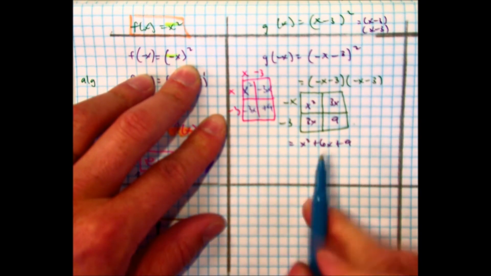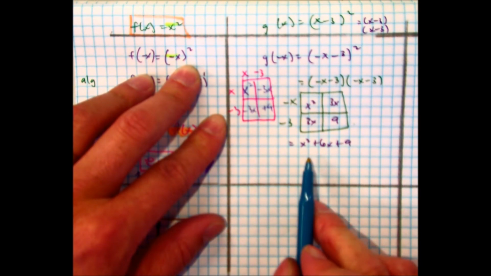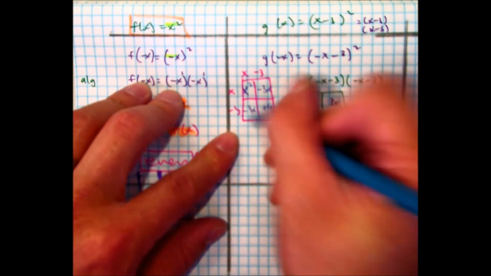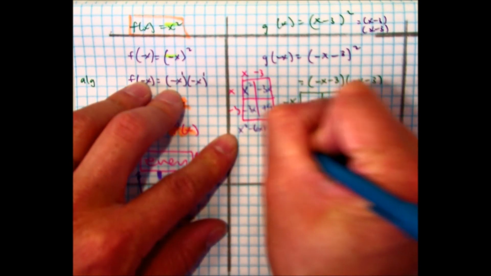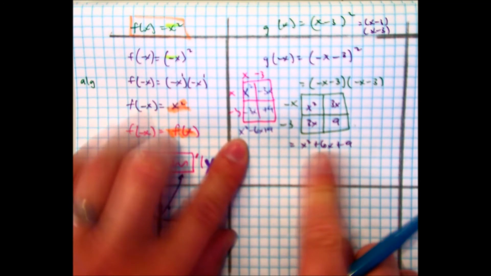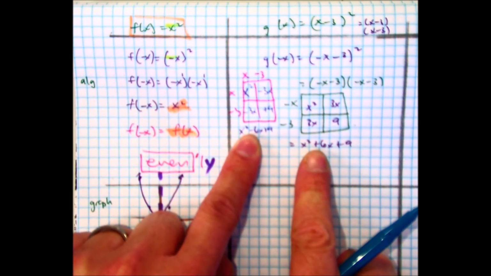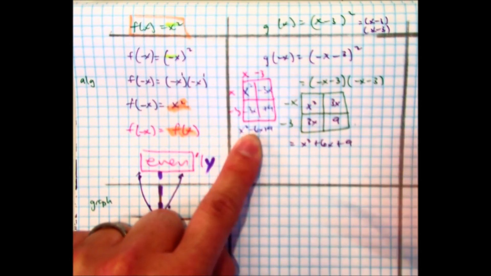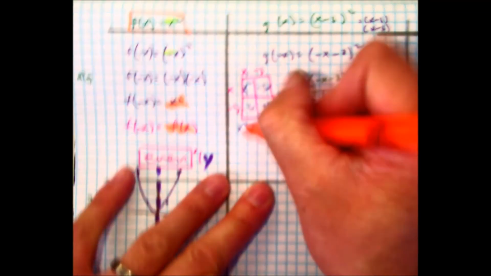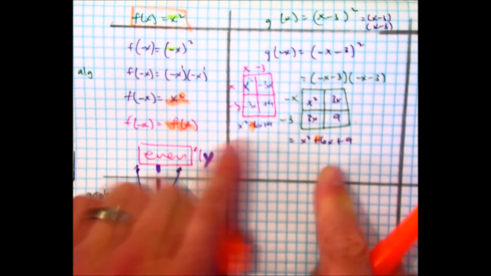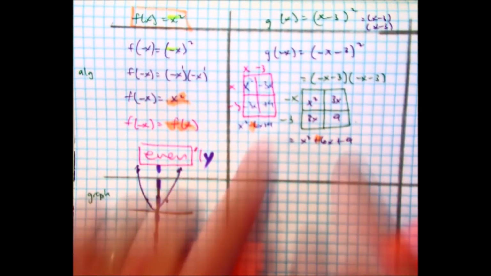Does that look the same as ours? x squared plus 6x plus 9. Is that the same? Do you see that? Same, operations different.